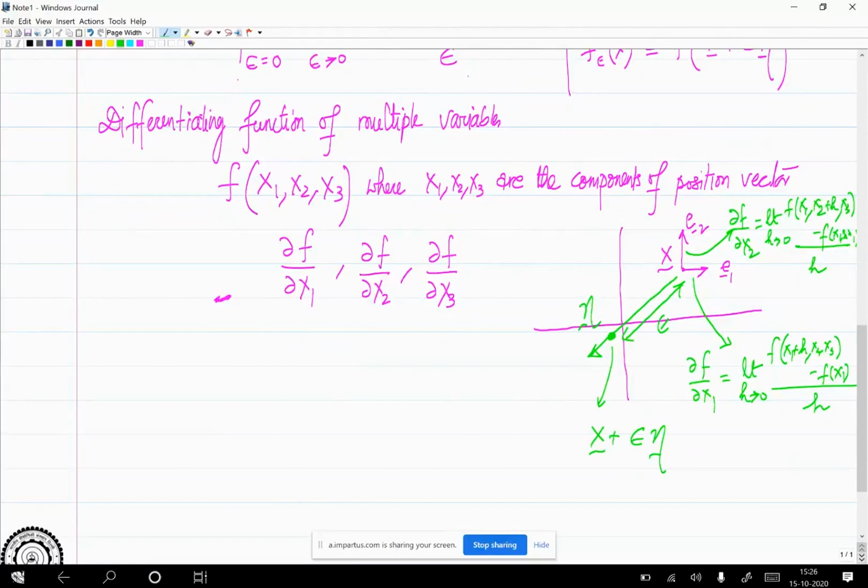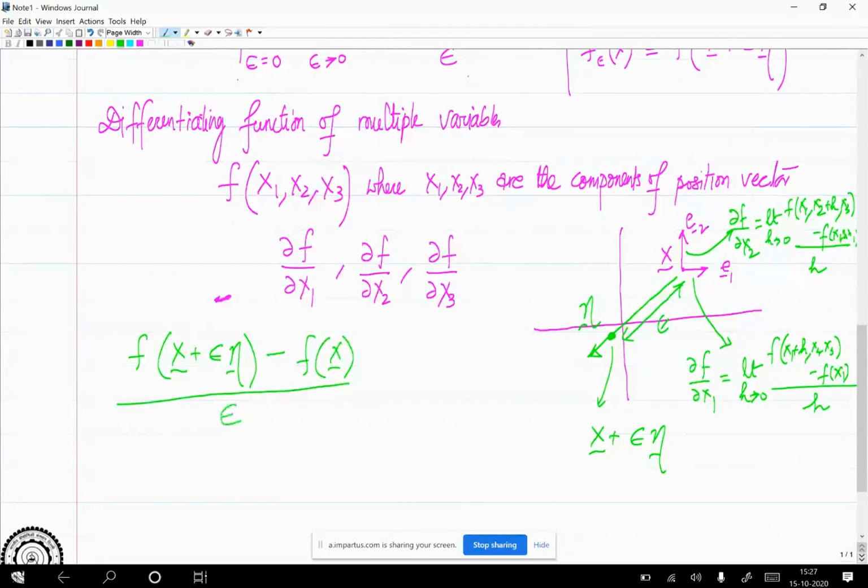So if I want to take the derivative as I move along eta, how will I do it? I would say, let us take f of x plus epsilon into eta, minus f of x, and then I take the differentiation with respect to epsilon. Does it make sense to you?